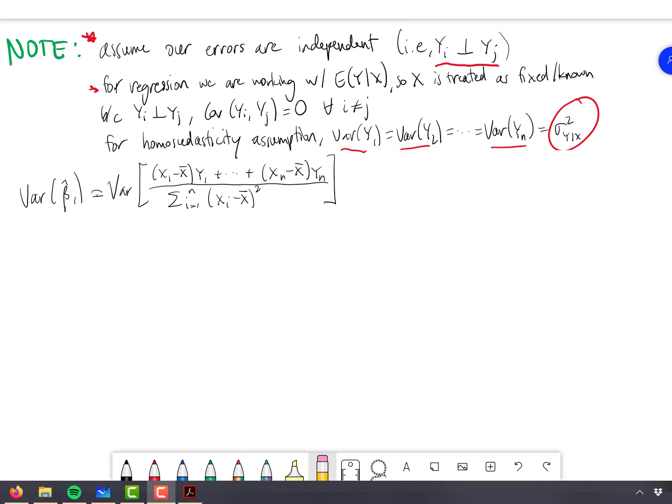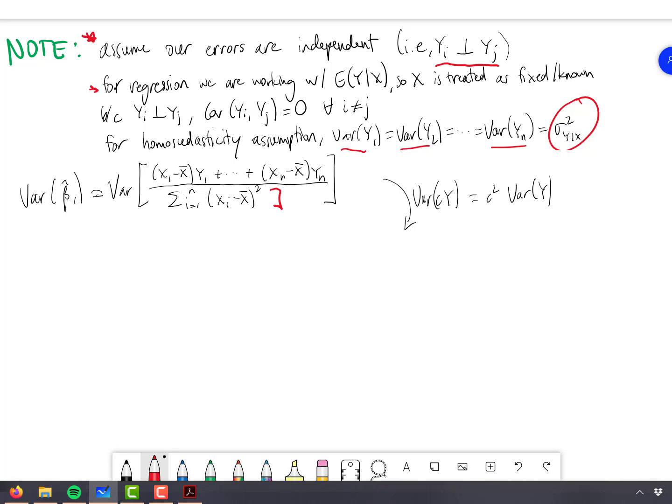Okay, now let's walk through the steps and apply some of those properties and formulas we saw previously to derive the variance of beta hat 1, which we've written on our whiteboard from our previous slides. The first thing we might want to do in our first step is take advantage of the property that the variance of cy is equal to c squared times the variance of y, where c is some constant value.